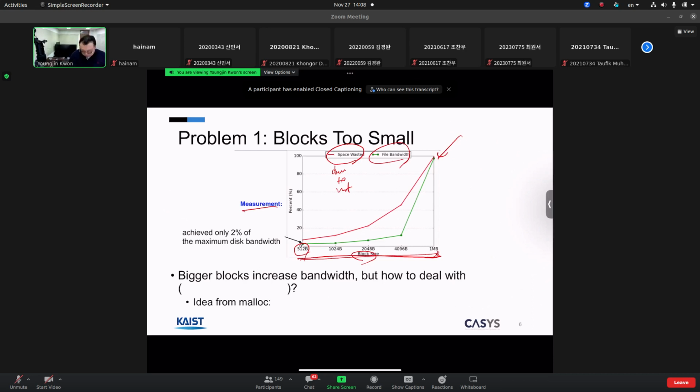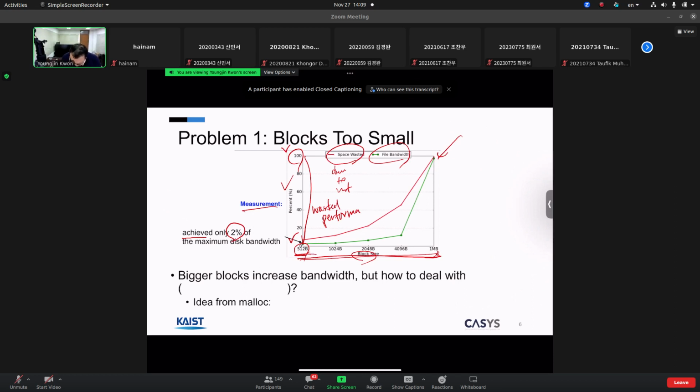It turns out that this is the maximum device bandwidth, but when you are using 512 byte blocks, the actual application can only utilize 2% of maximum disk bandwidth. This is absurd. This is wasted performance: a huge gap between device speed and your actual speed.